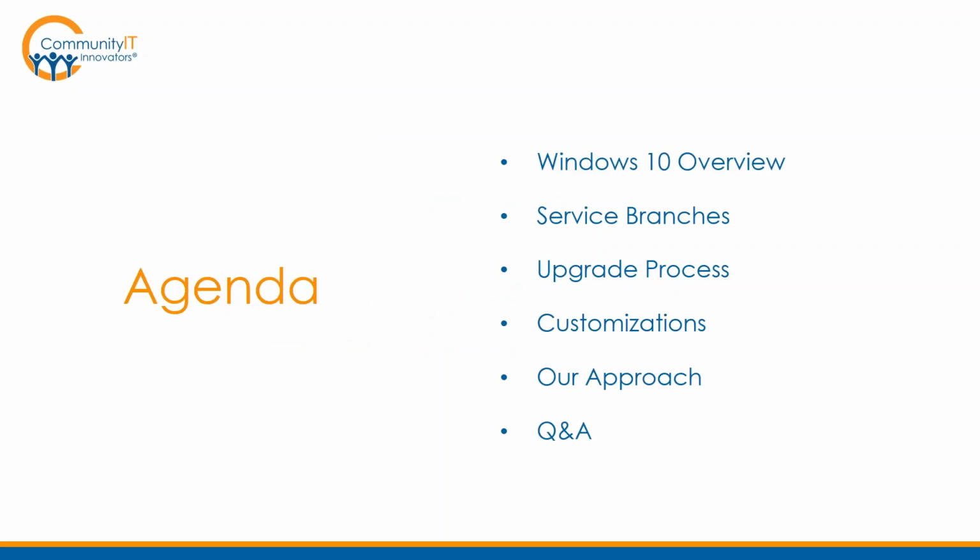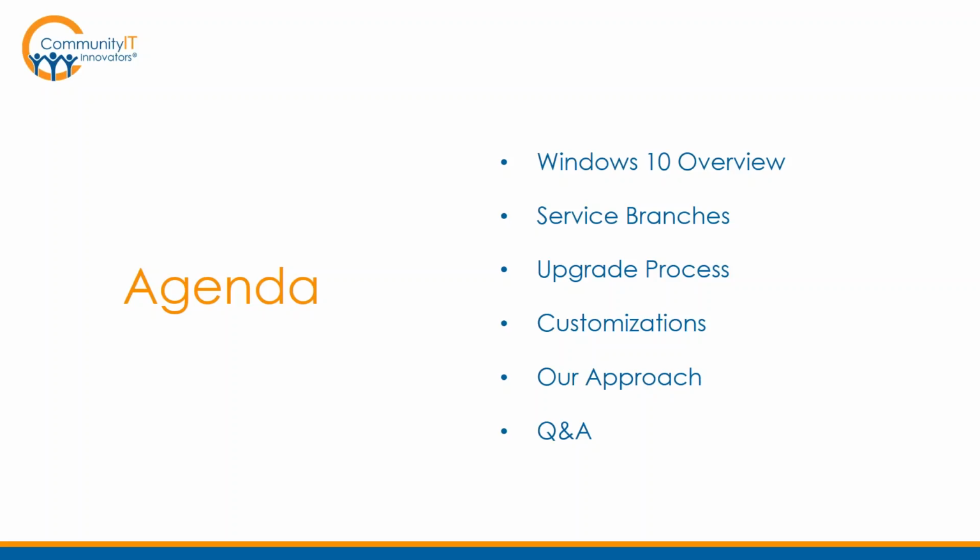Today, we will be talking about Windows 10 in a business environment. We'll be starting with an overview of Windows 10, and then we'll dive a little bit deeper into the new servicing branches that comprise how Windows 10 stays up to date and is turning into really an operating system as a service. We'll look at the upgrade process for performing an upgrade of a Windows 7 or Windows 8, 8.1 computer to Windows 10.